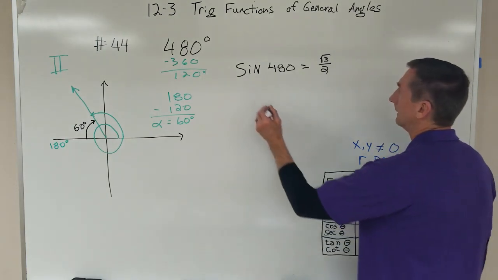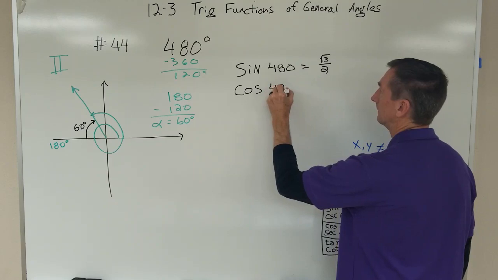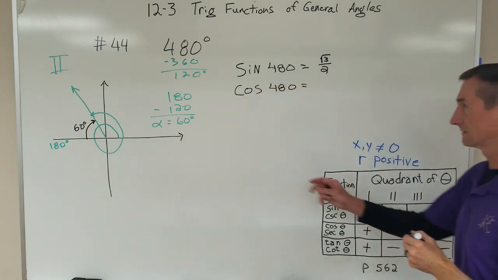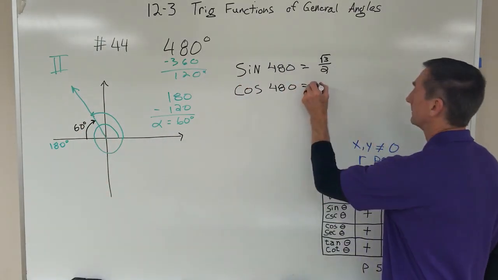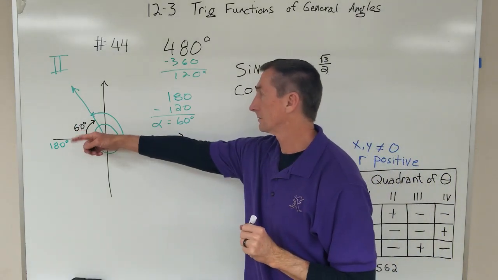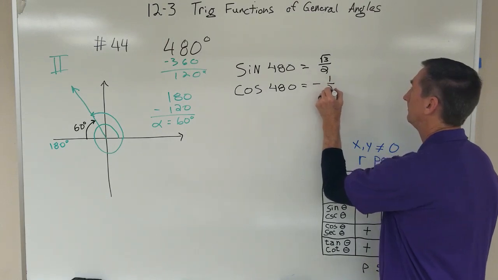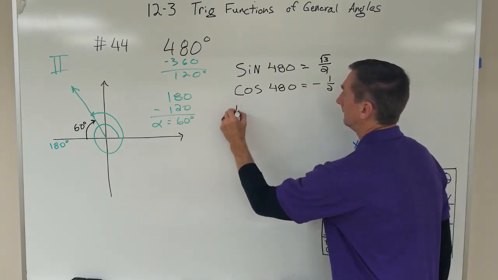Okay, and let's go with cosine this time. Cosine of 480. I know the cosine is negative since the x value is negative over here in quadrant 2. So I'm going to go the opposite of the cosine of 60. And the cosine of 60 is, of course, 1/2. But it's going negative because it's over there in quadrant 2. And then the tangent.